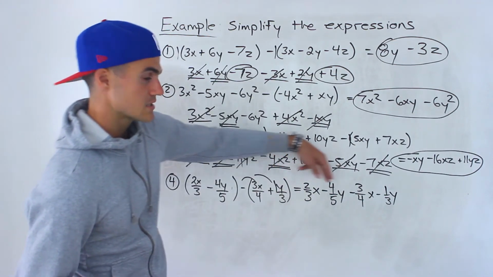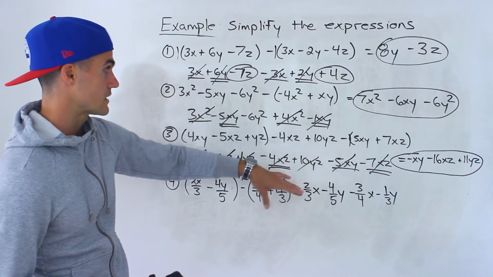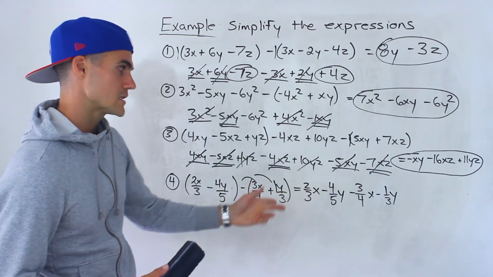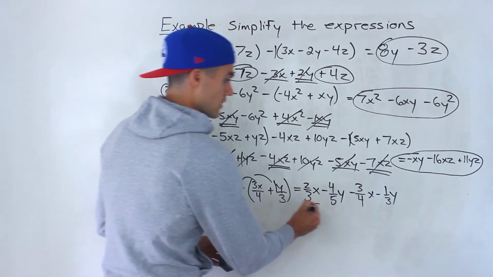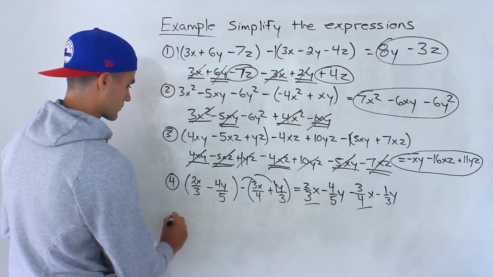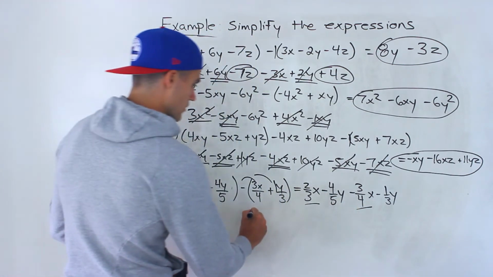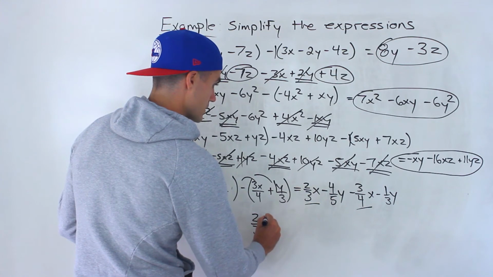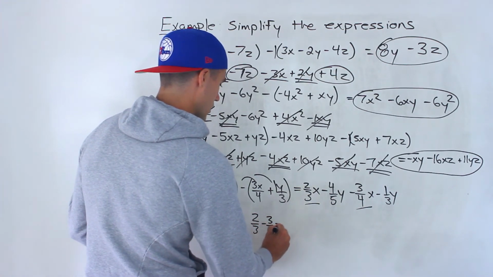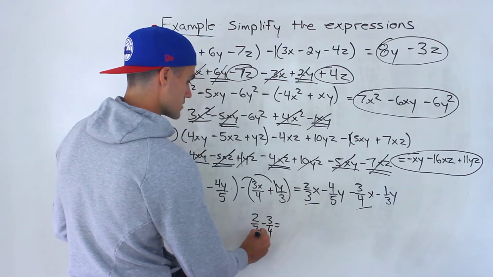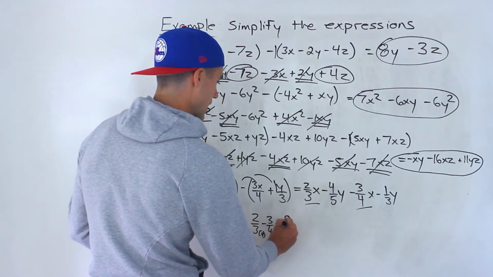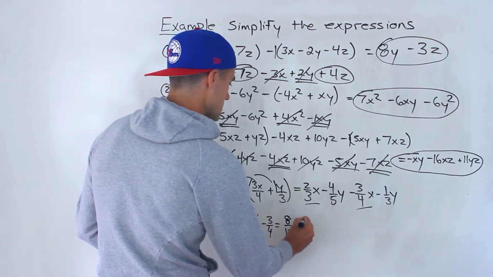Now we can just simplify this. Exact same as up top, it's just now we're dealing with fractions. So this and this are like terms. What's 2 over 3 minus 3 over 4? Common denominator would be 12. Multiply this by 4, multiply the top by 4. So 8 over 12 minus 9 over 12.